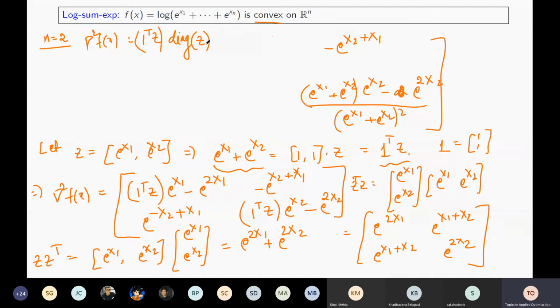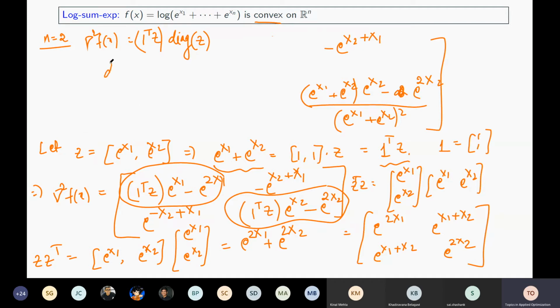So 1 transpose z times diag of z will give you these values, this and then this. 1 transpose z is already there. Diag z means we make a diagonal matrix out of the vector.